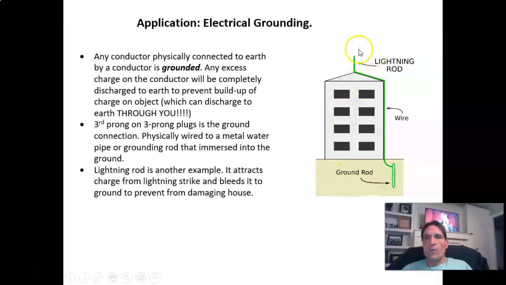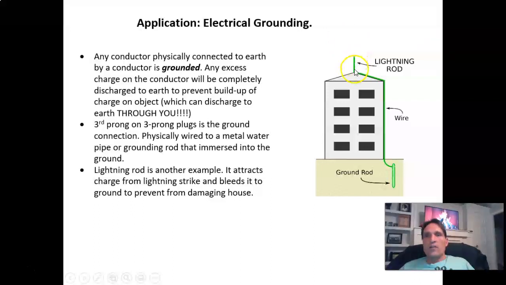And so the whole point of a lightning rod is to attract this charge from a lightning strike so that it doesn't strike the building, your house. So we have this pointed rod, and it's at a height greater than the building, and so the goal is to attract this lightning strike, and so the charge can bleed harmlessly to ground. And we say that the lightning rod is grounded, okay?